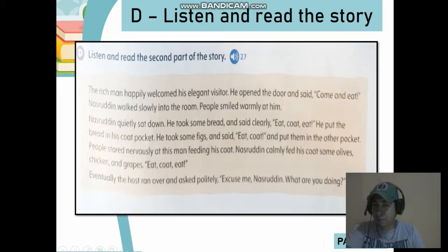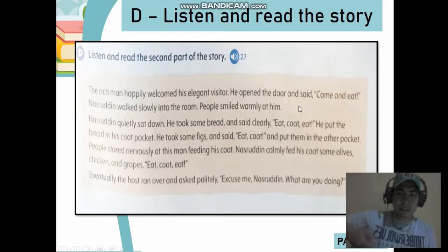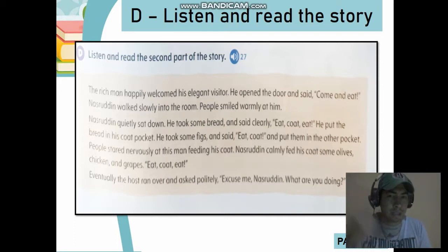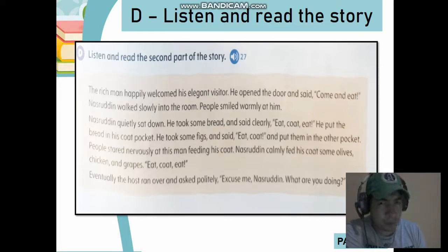He took some bread and said clearly, "Eat, coat, eat." He put the bread in his coat pocket. He took some figs and said, "Eat, coat," and put them into the other pocket. People stared nervously at this man feeding his coat.